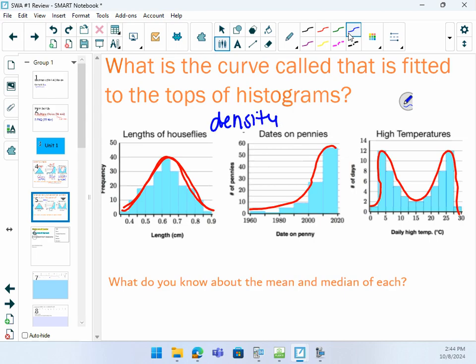A density curve typically follows the tops to oversimplify histograms, especially if they had a ton of bars, right? If you had a histogram with lots of bars, unlike this one, which doesn't have very many, a lot of times we use density curves to help simplify what we're looking at. And again, density curves aren't always curvy.